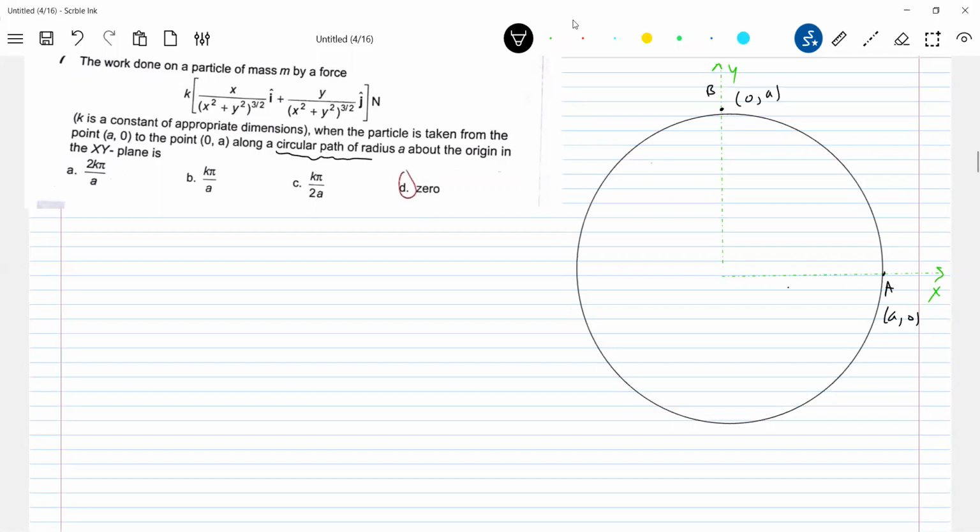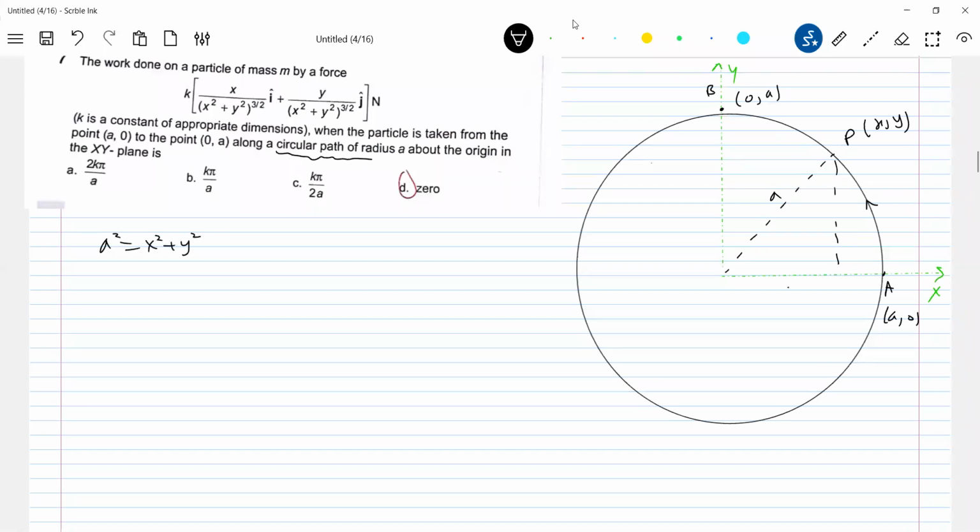As it is moving in a circular path, what is x square plus y square? You define some point on the path; its coordinates will be (x, y). So a square should be equal to x square plus y square.